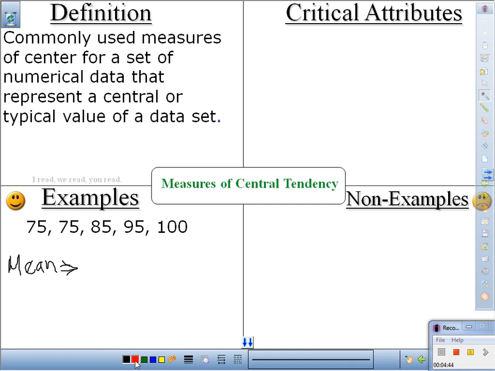The second one is known as the median. And the third one is known as the mode. So write those three down, and then I'll show you how to compute those or revisit those of you that forgot. I wrote the mean in black, the median in red, and the mode in blue. Okay? Does everybody know what I mean? Okay.